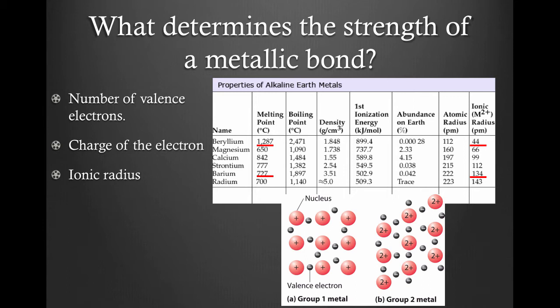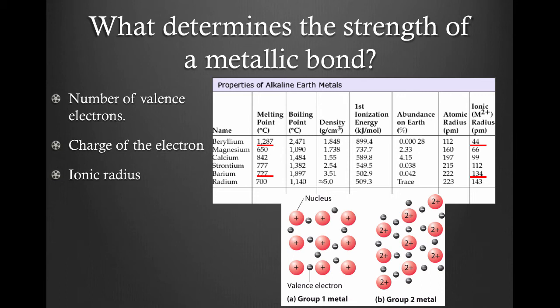Now, if you look at the diagram on the bottom, if we were to compare a group 1 metal to a group 2 metal, here we have different charges, and so the magnitude of charge is greater, so we know the force of attraction would be greater. Not only that, but the group 2 metal ions are smaller in size, because as we go from left to right in the periodic table, the ionic radius decreases.